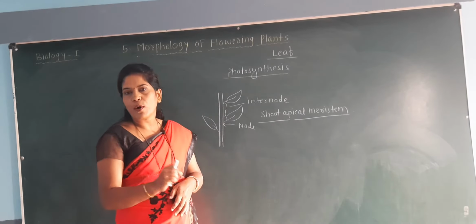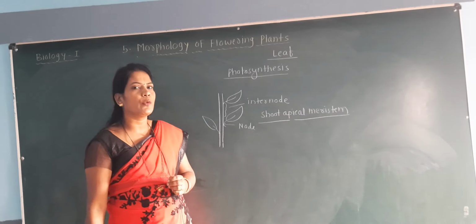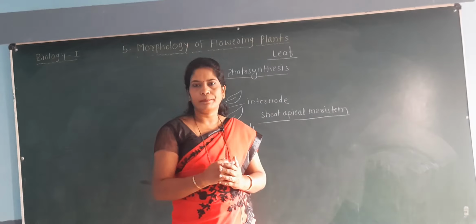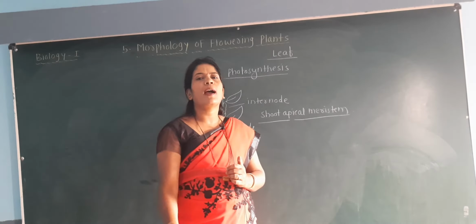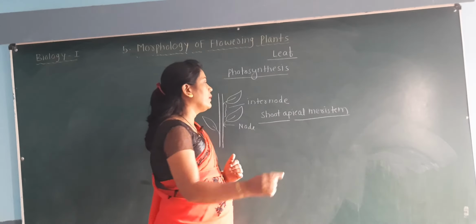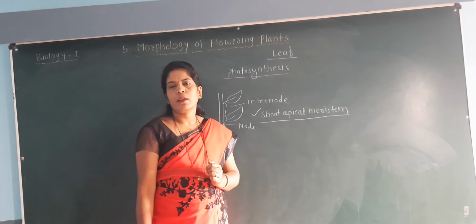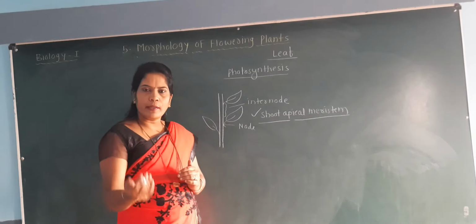So important part from the NEET point of view, you have to remember that the leaves develop from the shoot apical meristem. So this is a very important part you have to remember about the leaves. Leaves develop at the node.